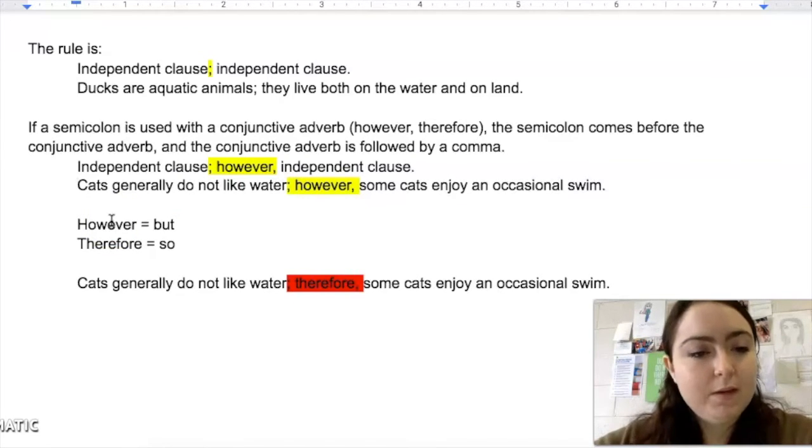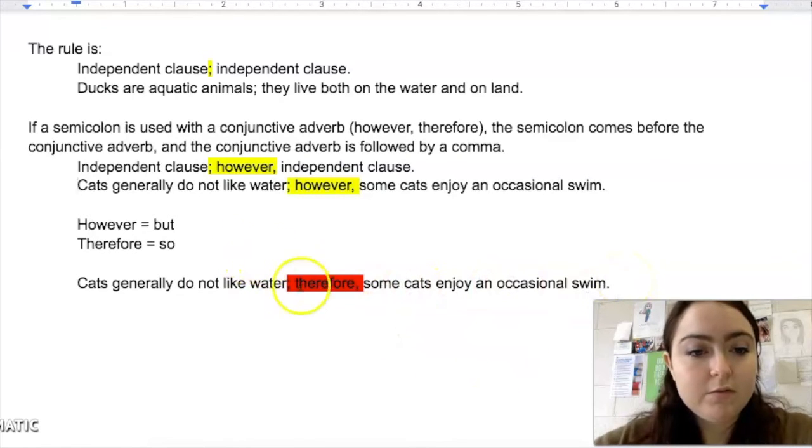You can remember what they mean by thinking however means the same thing as but, therefore means the same thing as so. So when you're trying to decide which one fits in the sentence correctly, replace it in your head with one of those words. Cats generally do not like water; therefore, some cats enjoy an occasional swim. That's incorrect.